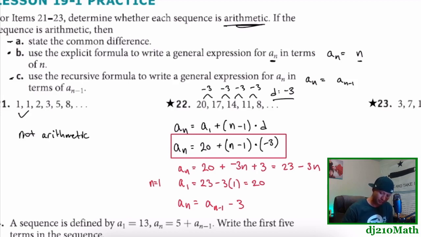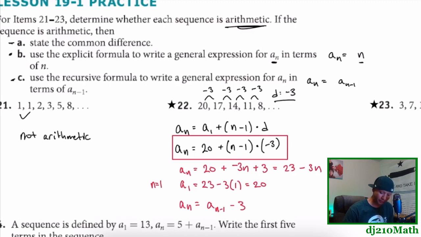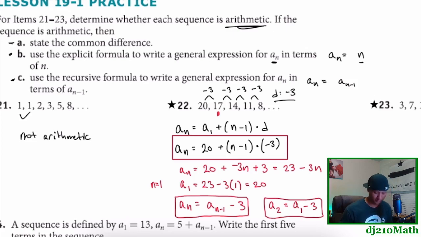Is that true? So let's see. Obviously, we can't start with 20, but if we started with 17, that would be A sub 2, which means A sub 1 minus 3. A sub n, in this case, is A sub 2. So this is in general, and this would be specifically for this problem.